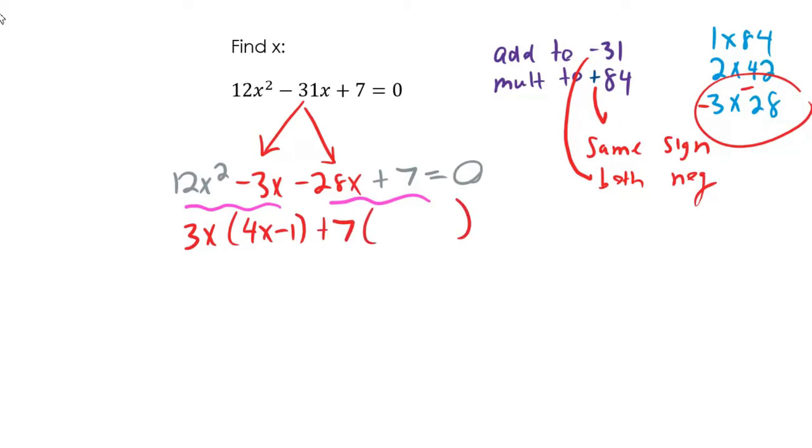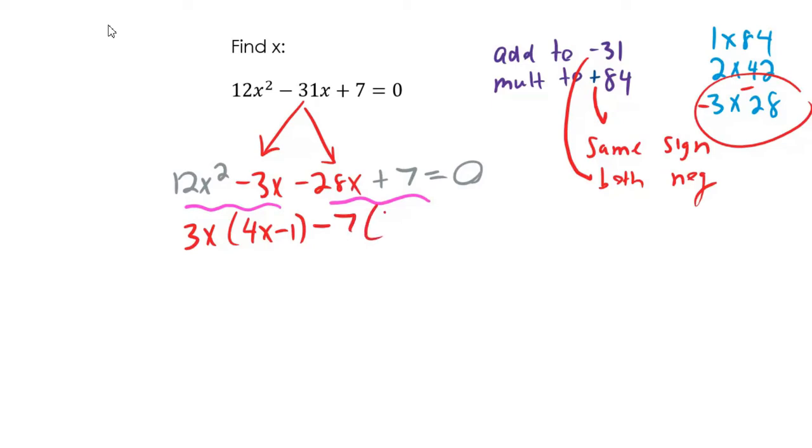Then that would leave us with negative 4x and positive 1. And so if we had factored out plus 7, these two guys would not match and we'd be stuck. So instead of factoring out positive 7, we'll factor out negative 7, and what's left over will now match.